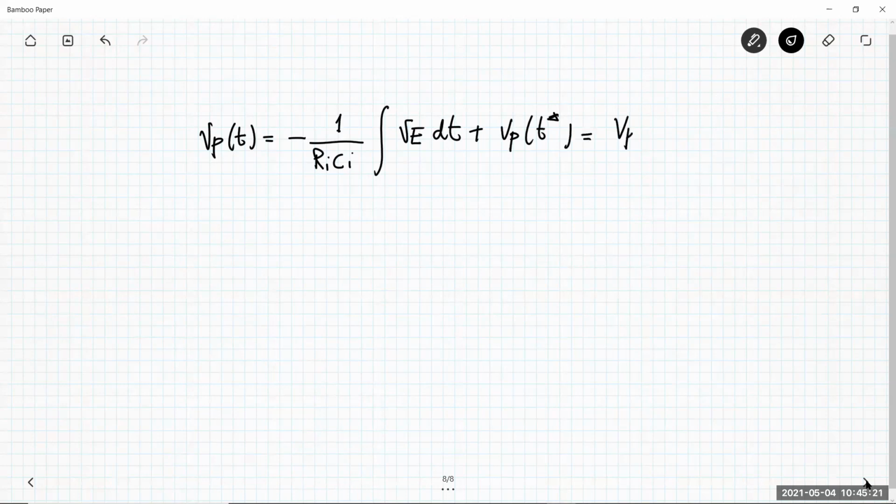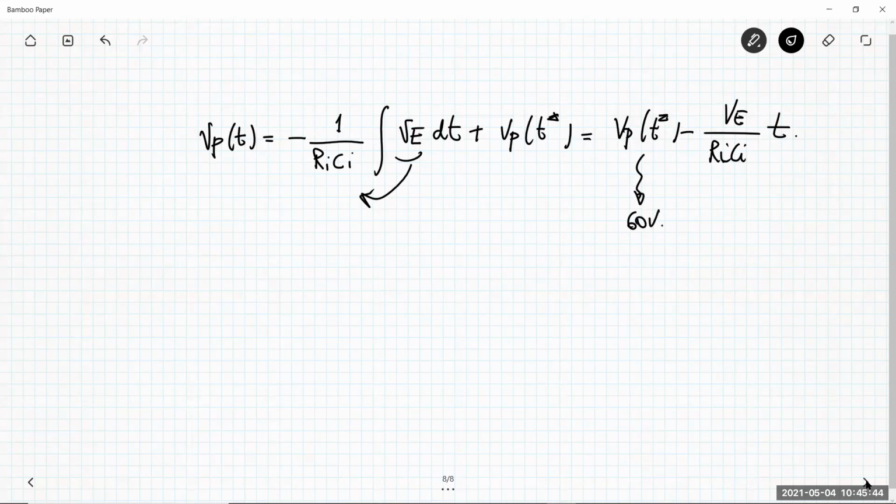Since VE is a constant, we can put it outside the integral, so VP equals negative VE over RICI multiplied by t. The voltage at the beginning of this action, the beginning of the dissipation phase, is exactly 60 volt.